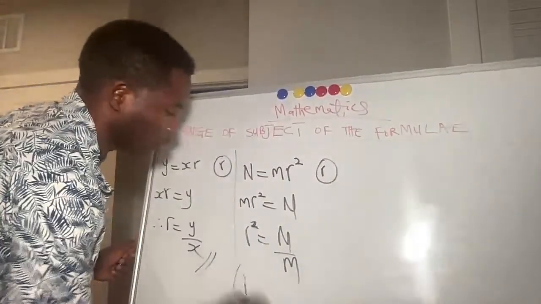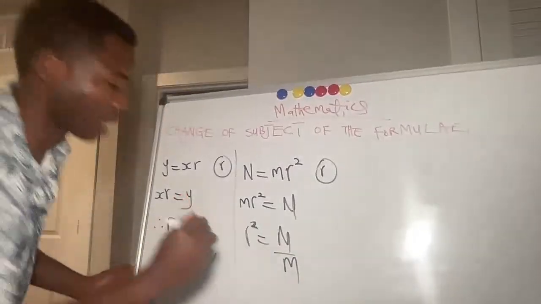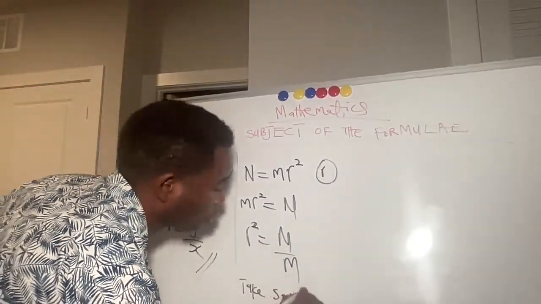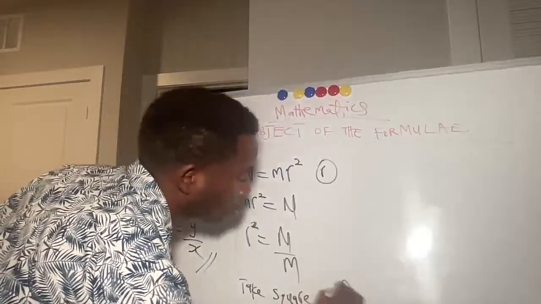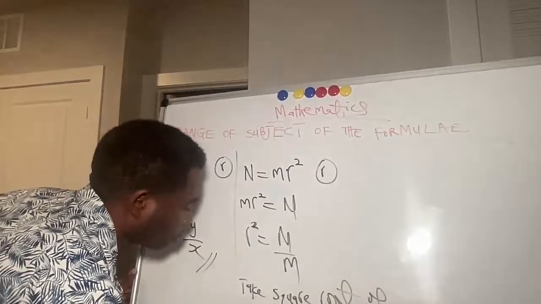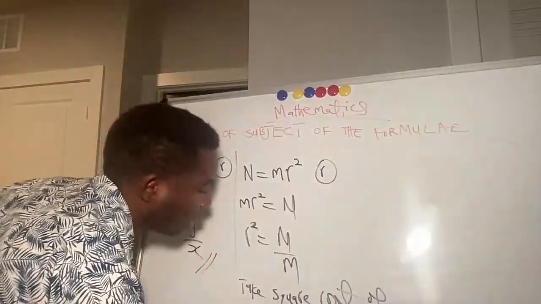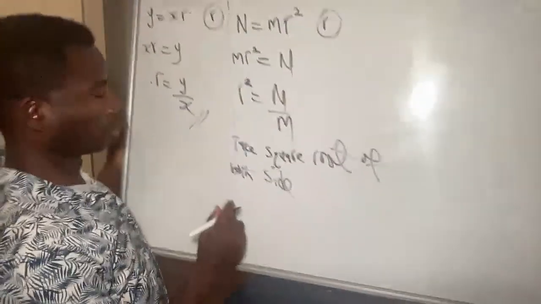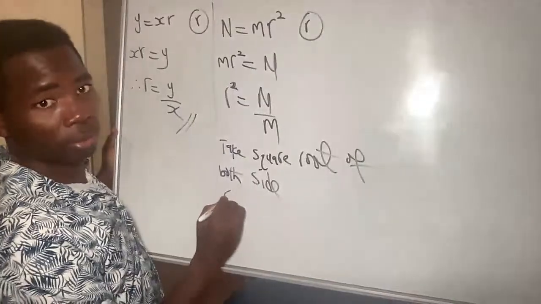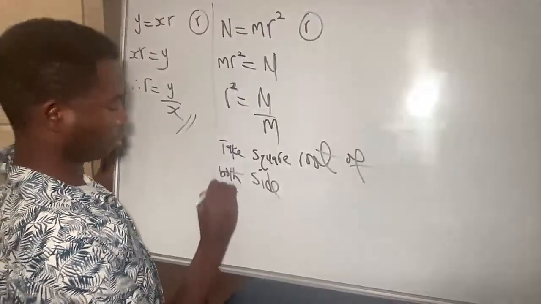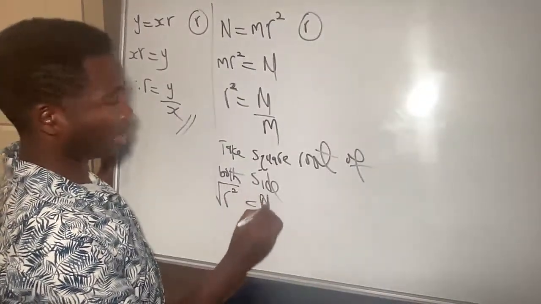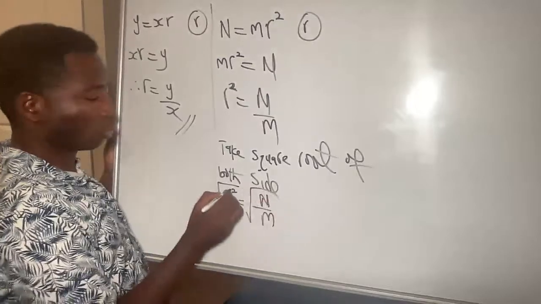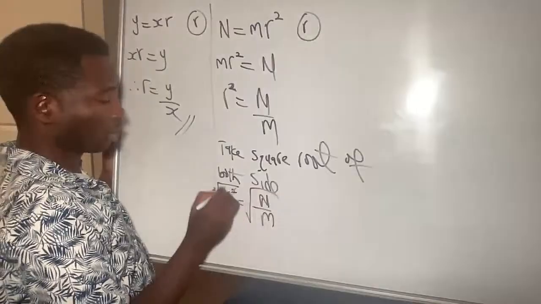Let's use the other way around. Take square root of both sides. It will now be the square root of R squared is equal to the square root of N over M. So there's an invisible 2 here. 2 cancels 2.